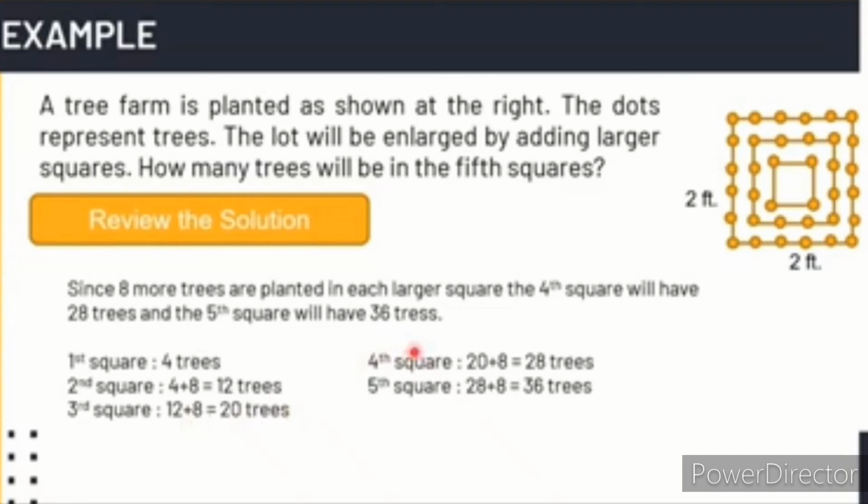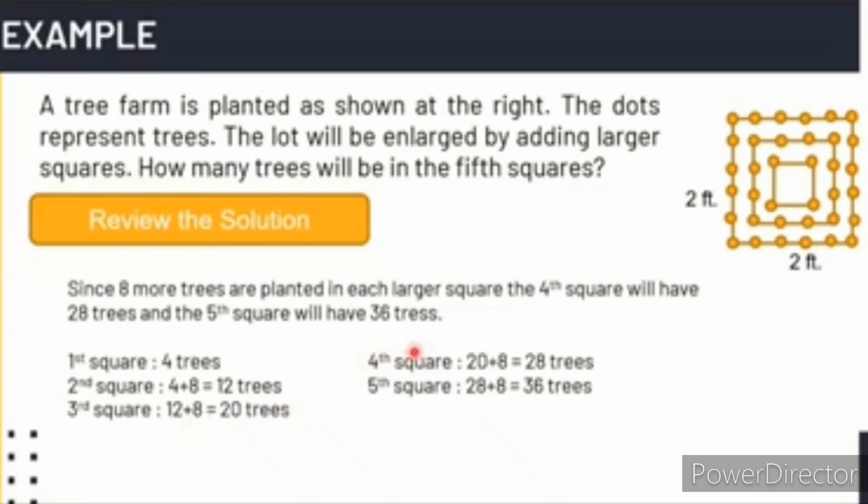The second square, 4 plus 8 is equal to 12 trees. The third square, 12 plus 8 is equal to 20 trees. The fourth square, 20 plus 8 is equal to 28 trees. The fifth square, 28 plus 8 is equal to 36 trees.